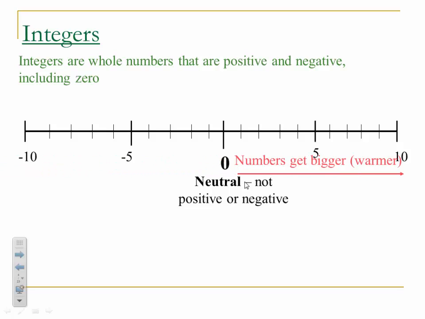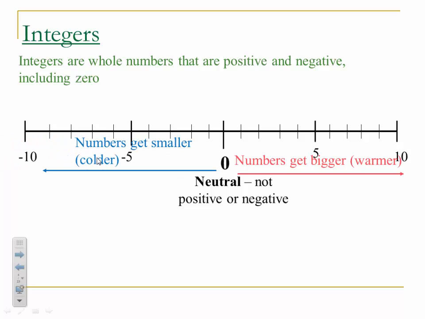So here's a visual of that. If you go to the right from 0, you start going up is usually how we talk about it. Numbers get bigger, or think of it in temperature terms, they get warmer. If you go the other way, to the left of 0, or you can think of it as going down, numbers get smaller.